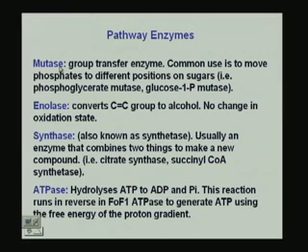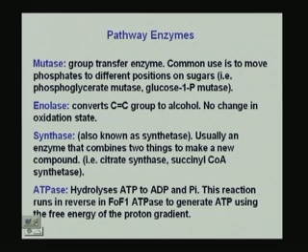We have mutases that are actually group transfer enzymes. They transfer phosphate from one position of the substrate to another position. Say you have glucose 1 phosphate. To form glucose 6 phosphate, you will need a mutase.